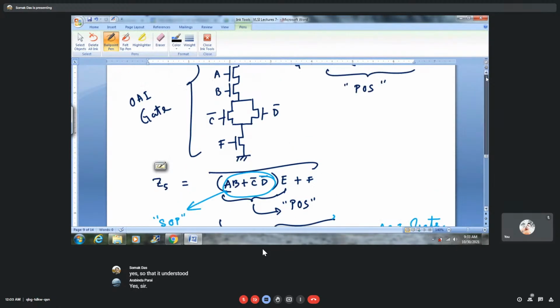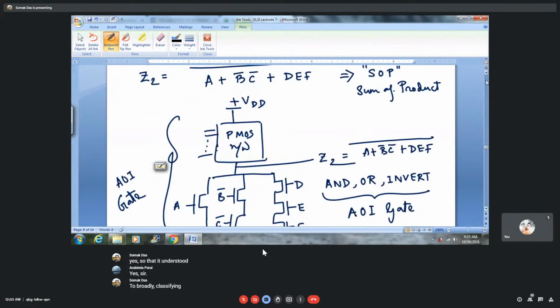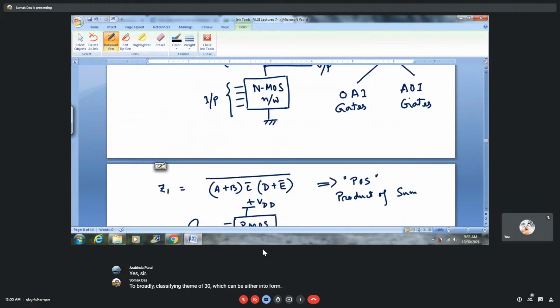So broadly classifying CMOS circuits, it can be either in two forms, an invert gate or an AND-invert gate.